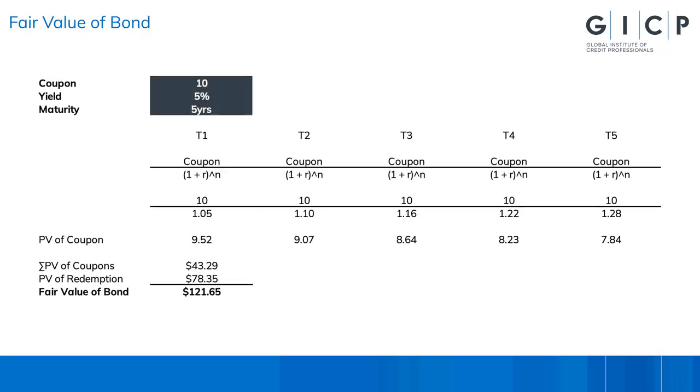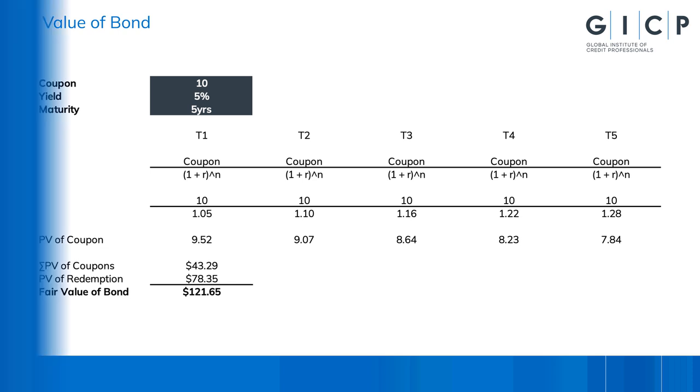However, if we drop the yield on the bond to 5%, then the price rises to 121.65. In other words, if the yield of 5% is lower than the coupon of 10, then the bond's value of 121.65 will be at a premium to the nominal value of 100.